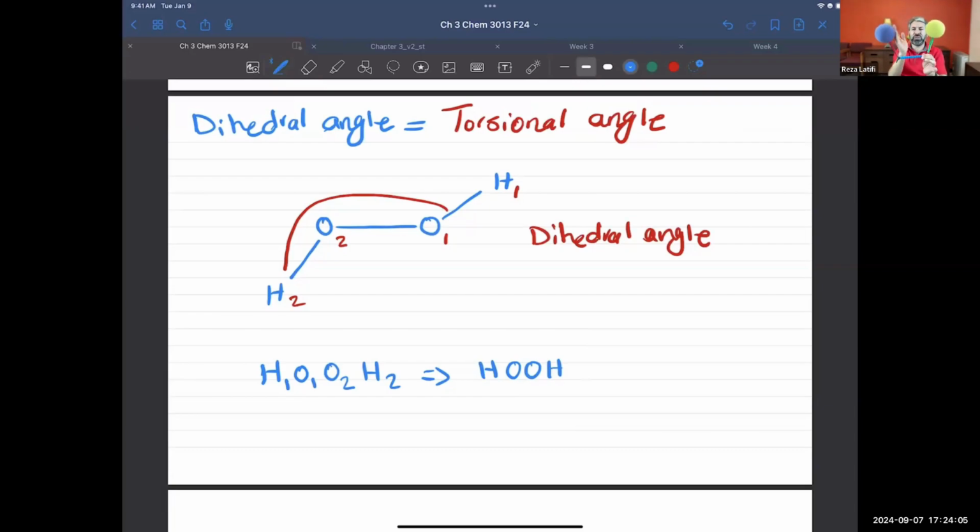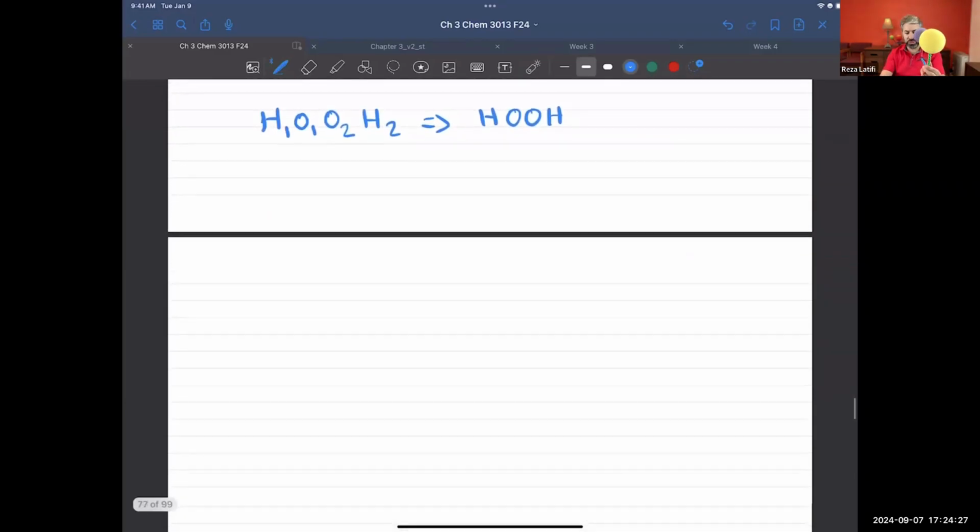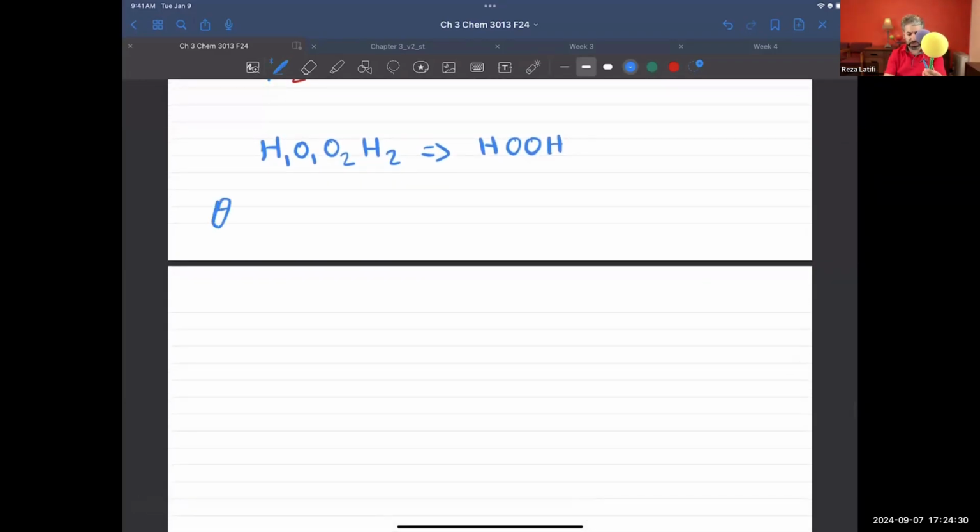Right now they are facing each other. If I turn it this way, the purple-blue one will completely disappear, hidden behind the yellow one. In that case, let me write it, the dihedral angle will be 0. So the dihedral angle can be 0.